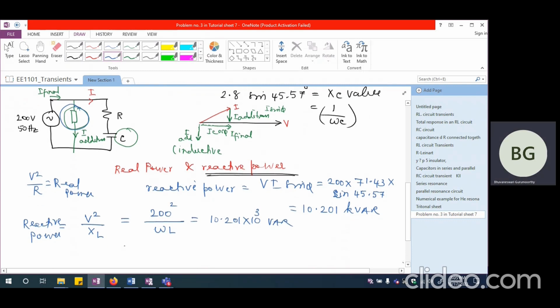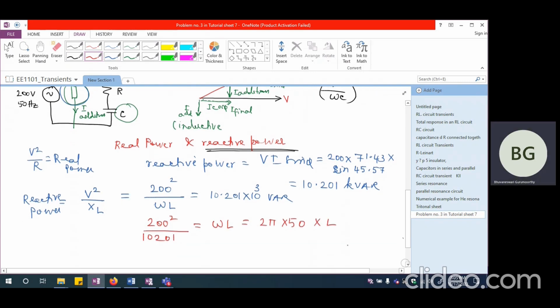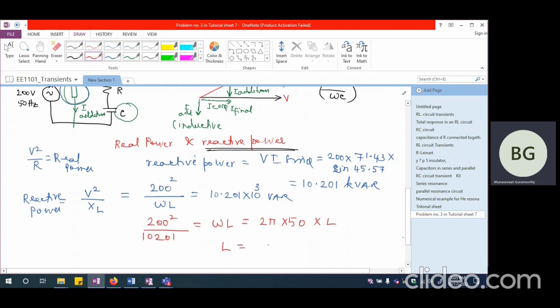So I should be able to calculate omega L as 200 square divided by 10.201 kVAR. And omega is basically 2 pi f, which is 2 pi multiplied by 50 because it is 50 hertz, multiplied by L, from which the L value can be calculated.